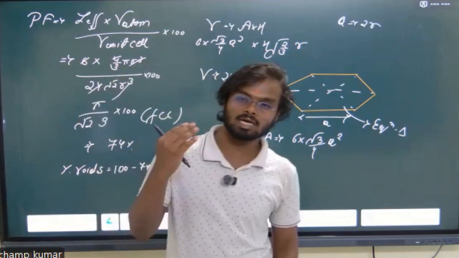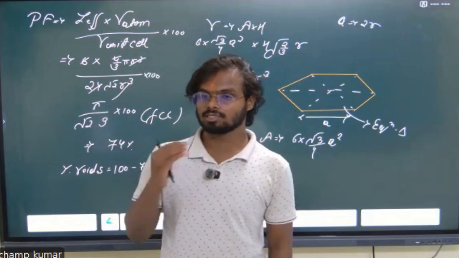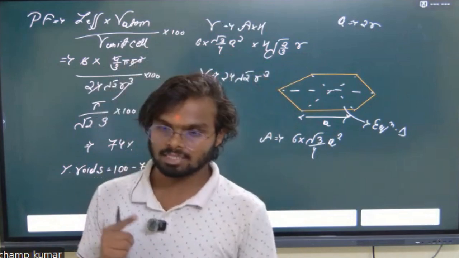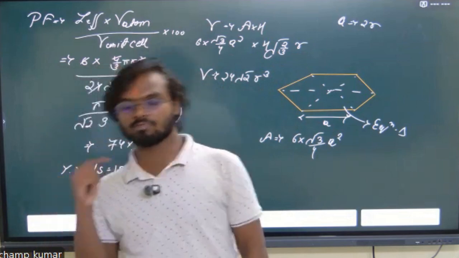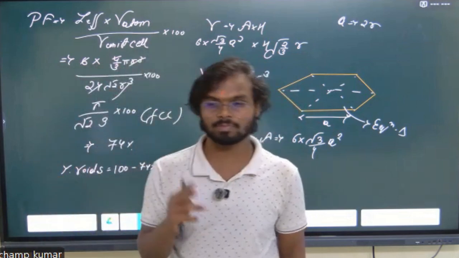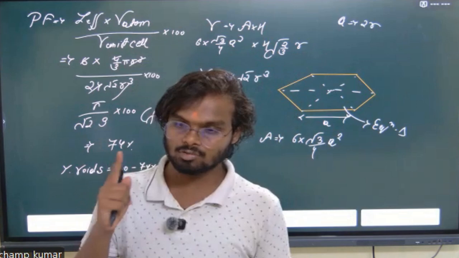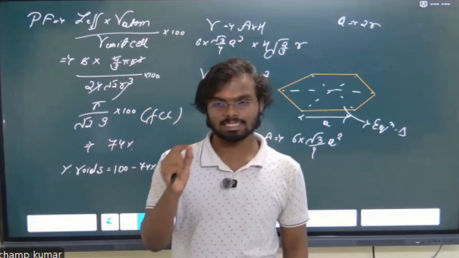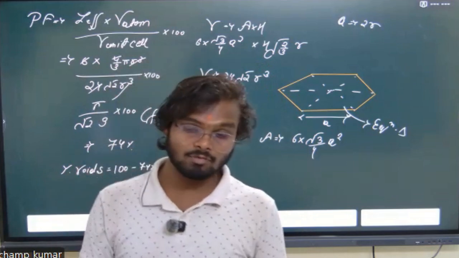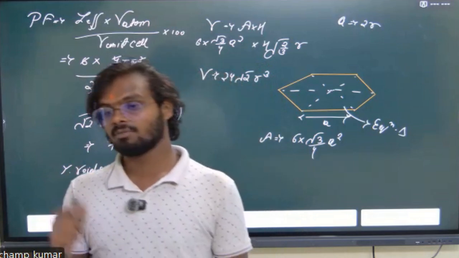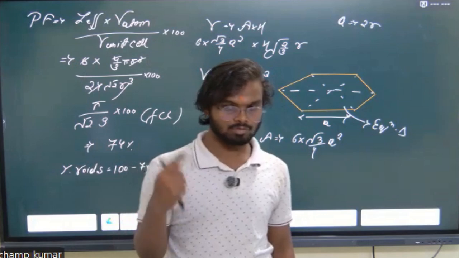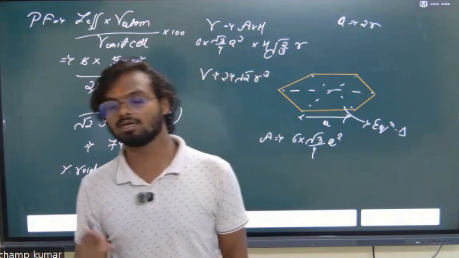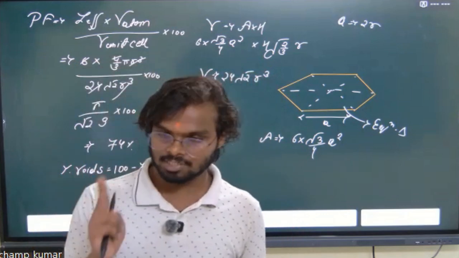Then we moved to another type of packing, that is packing in 3D. We have done the packing in 3D by using the square close packing and the hexagonal close packing of 2D. When we did the square close packing, we got a simple cubic unit cell, that is SCC. Then we moved to hexagonal close packing in 3D, and we got an FCC unit cell.